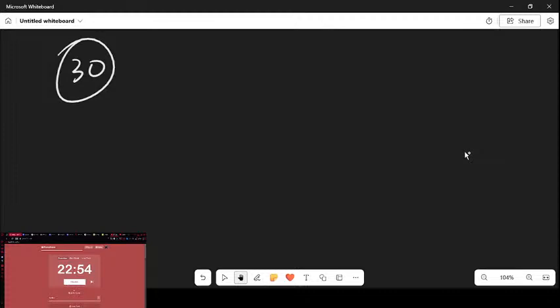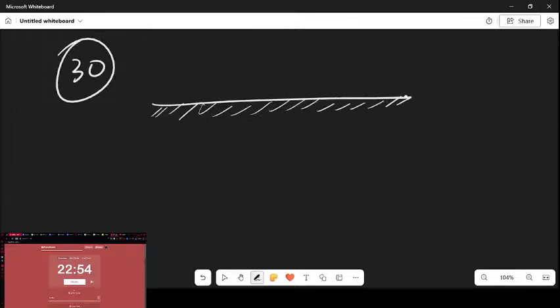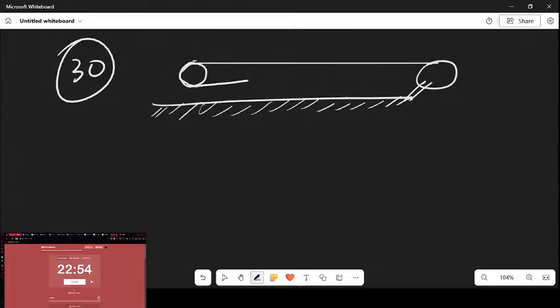Calculate the tension. 1 kg. Tension in the string shown in the figure.